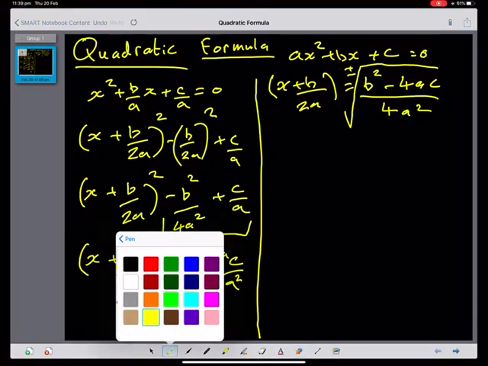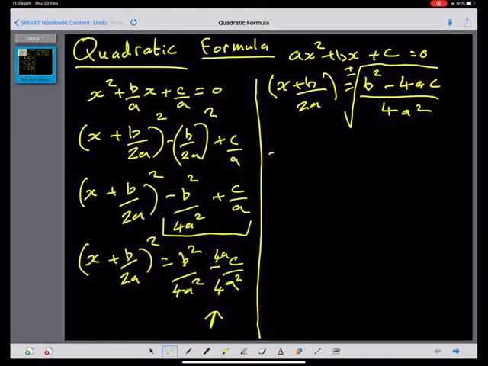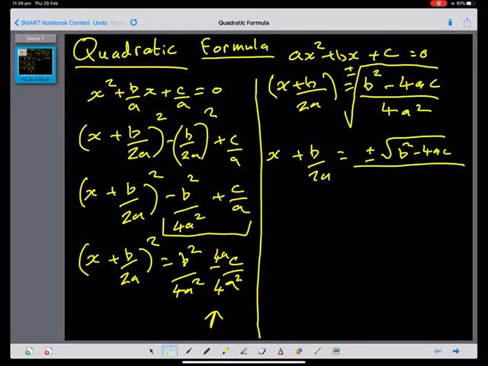So we have x plus b over 2a is equal to plus or minus the square root of b squared minus 4ac all over 2a. So let's take this to the other side.